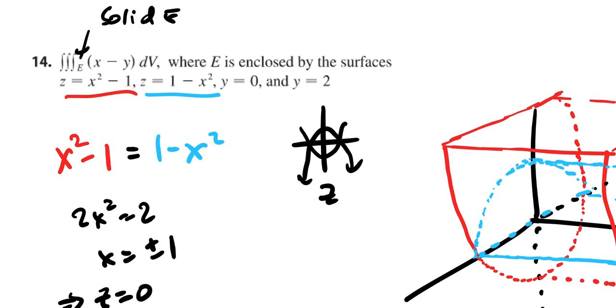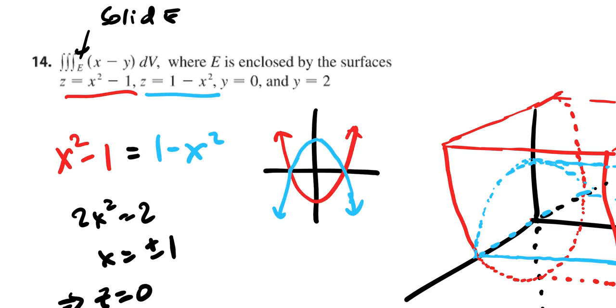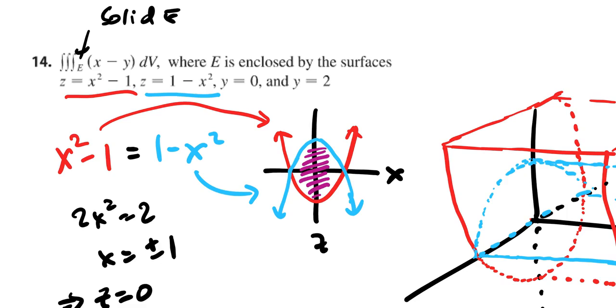So when you consider drawing this first in 2 dimensions, then blue is the 1 minus x squared. That's this one here in light blue. And then in red, that's the x squared minus 1. So what's going on in the z direction is whatever is in between here.